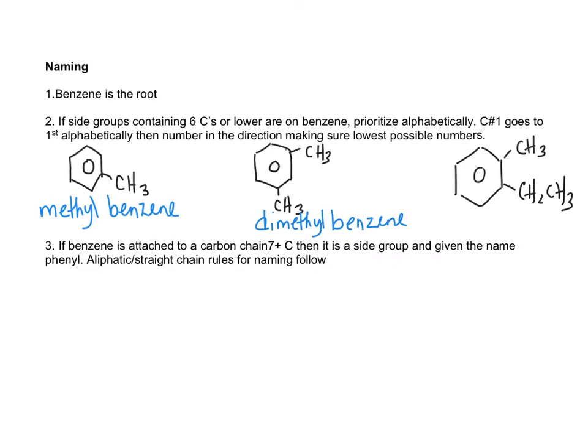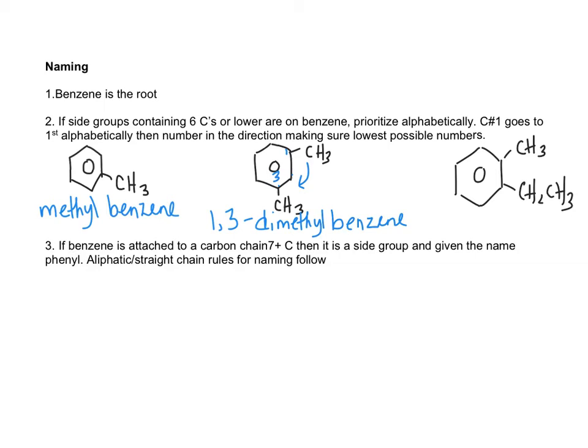So I'm just going to pick the top one to be 1. If that's 1, then count in the direction that gives you the lowest number. So that would be counterclockwise. So that would be carbon 2, and this would be carbon 3. So this is 1,3-dimethylbenzene. So we've got a methyl group on carbon number 1 and carbon number 3.